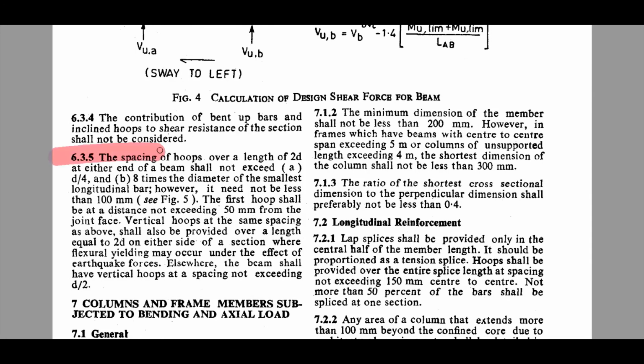The spacing of hoops over a length 2d at either end of the beam shall not exceed d by 4, 8 times the diameter of the smallest longitudinal bar, however it should not be less than 100 mm. So here 3 conditions are given. Let's check all 3 conditions in the example.